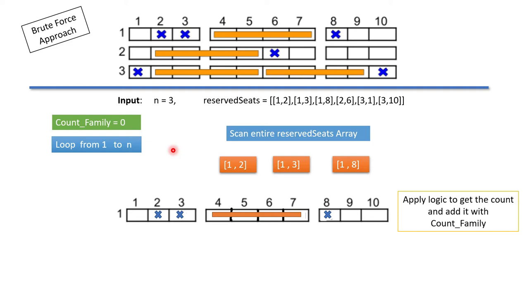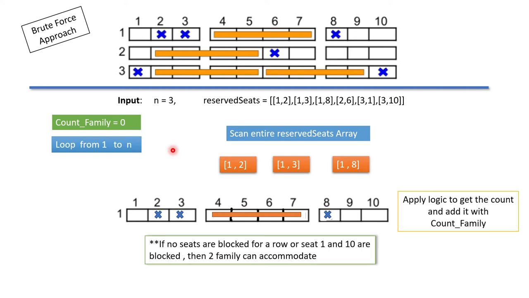So now we will check if we can do something better. But before that, what we noticed is, if no seats are blocked, suppose we got a row and there is no entry present in the reserved seats array for it, that means no seats are booked for that row. So for that row we can consider 2 families, because at max 2 families can occupy.